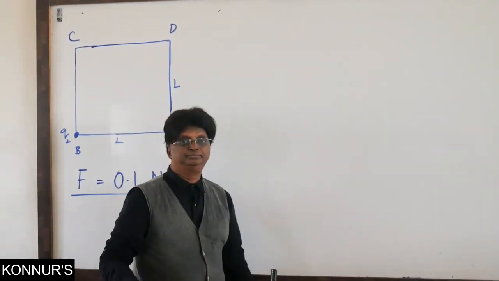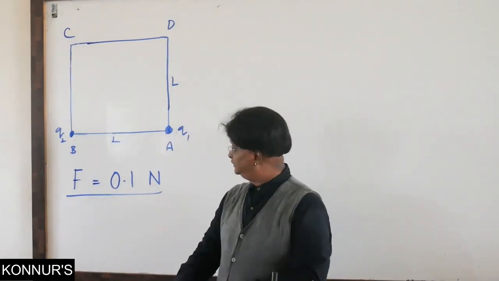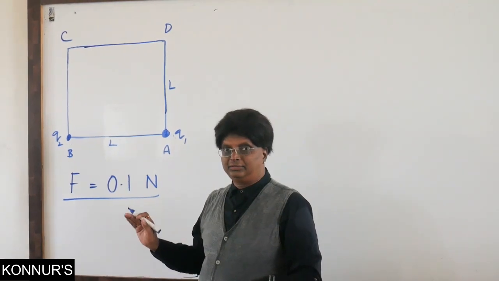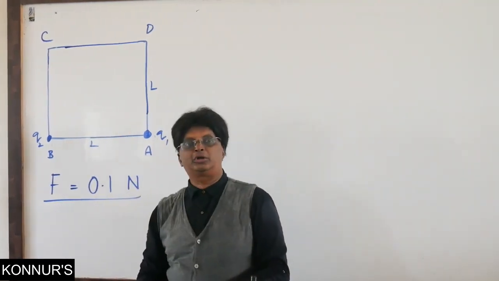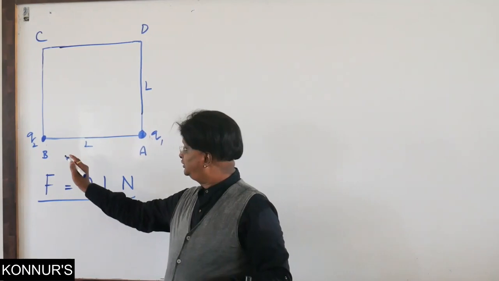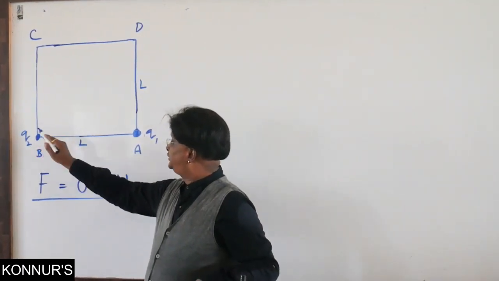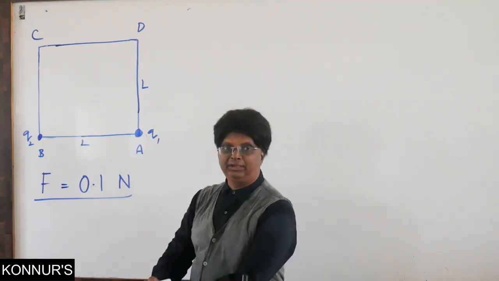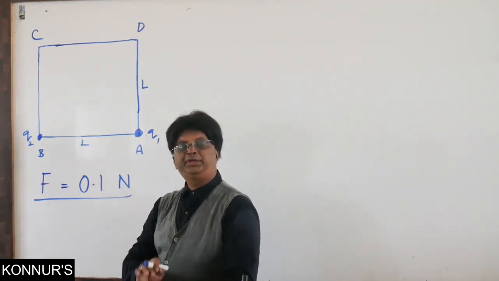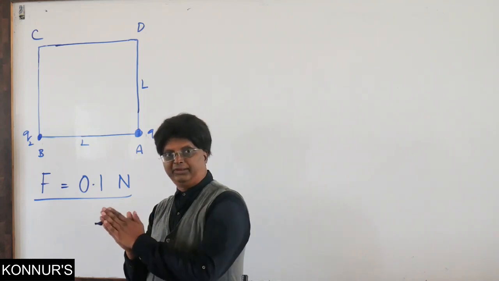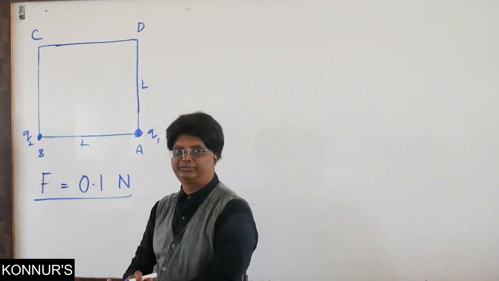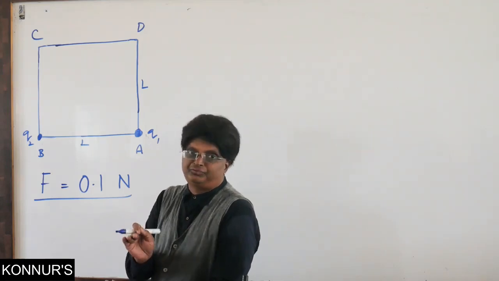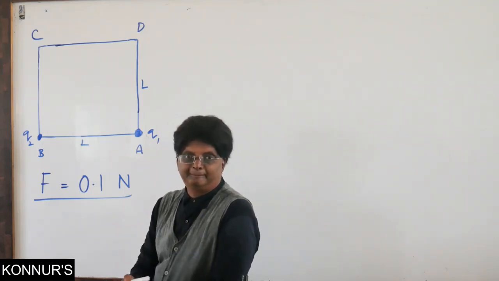Now if the charge at B is displaced to the corner C, so the charge Q2 at the corner B is shifted to the other corner C, what is the new force between them? Yes, that is the question. Or else, what will be the change in the force can also be a question.